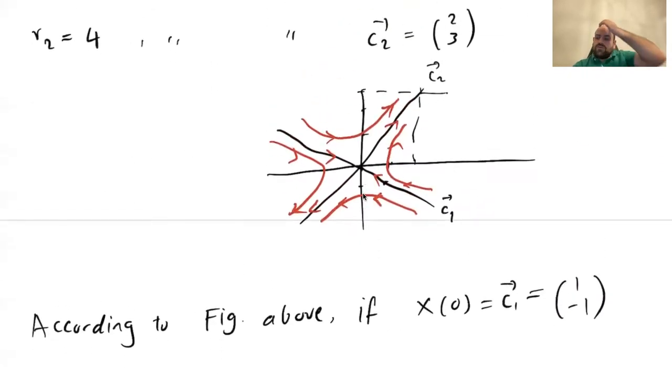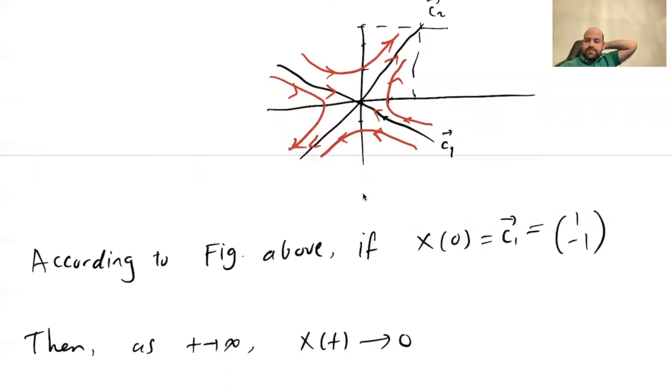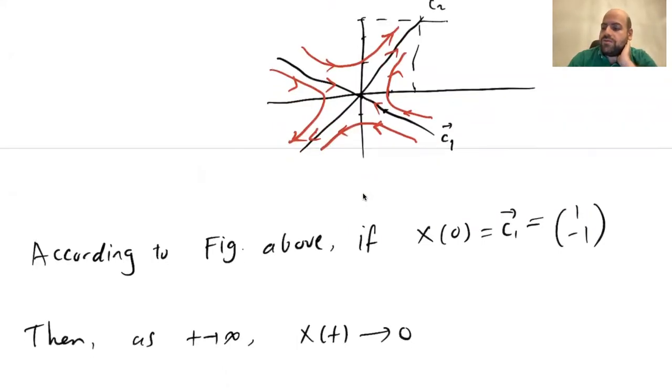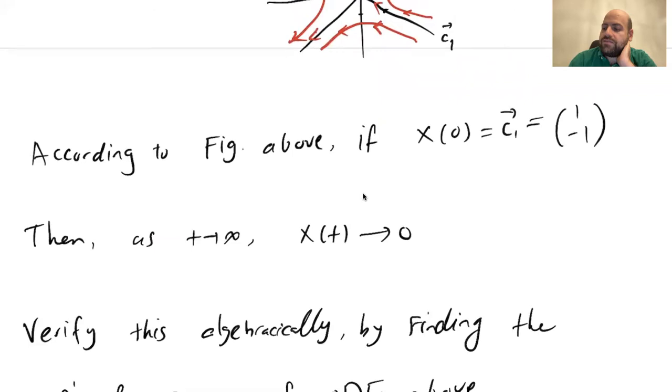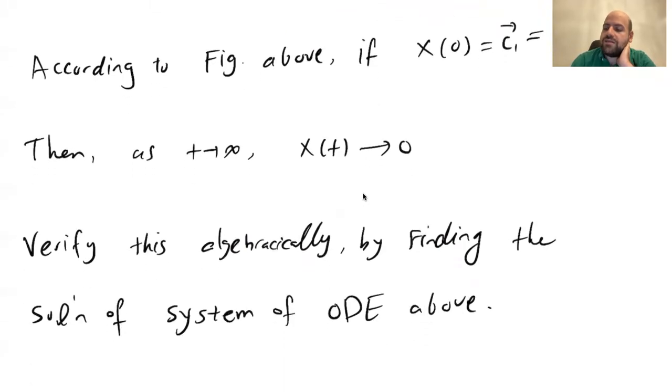We have a system of ODE with the initial condition. We want to solve this and find x of t. Once we have x of t, we can find the limit as t goes to infinity. Our expectation is that x of t will go to 0.